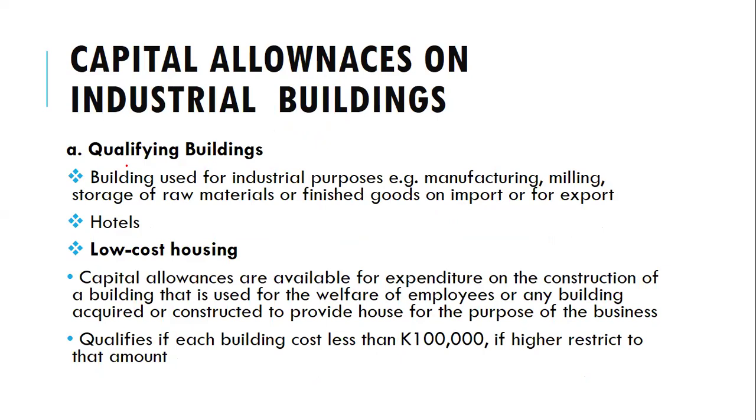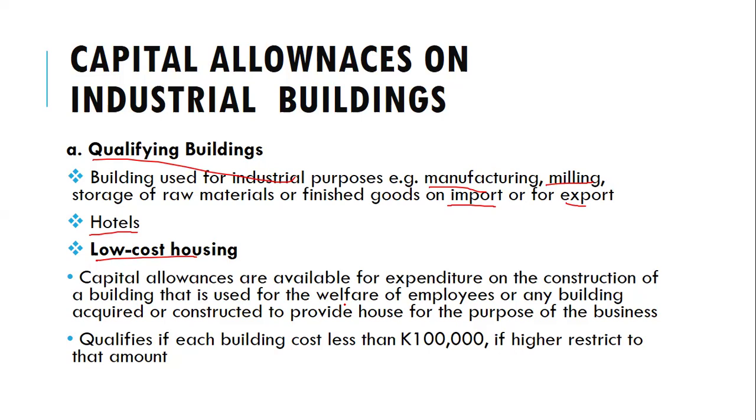And then there's also what we call qualifying buildings. So as I already mentioned, buildings used for industrial purposes, including manufacturing, milling, storage of raw materials or finished goods on import or export, and then hotels as well as low cost housing. So low cost housing is fundamentally a staff canteen.